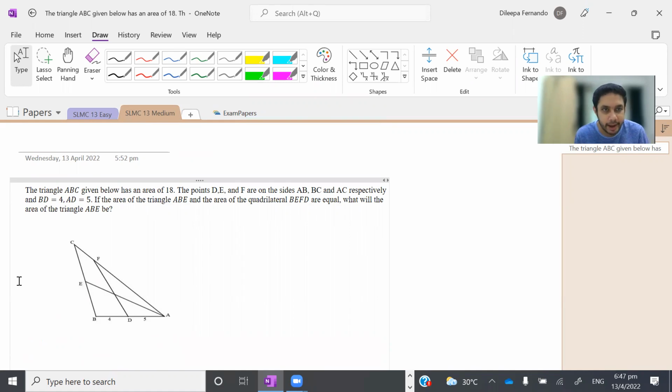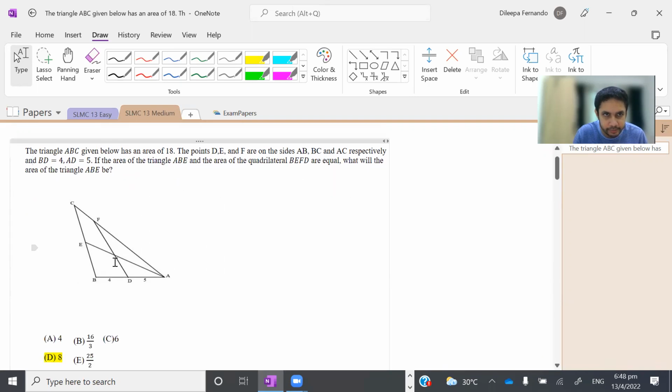It's about a triangle and has an area of 18. So what do we need to find? Area of the triangle ABE and the area of the quadrilateral BEFD are equal. So we need to find the area of the triangle ABE.